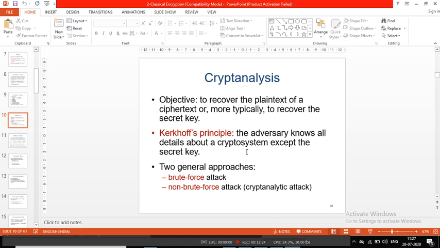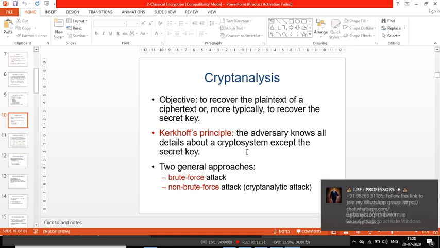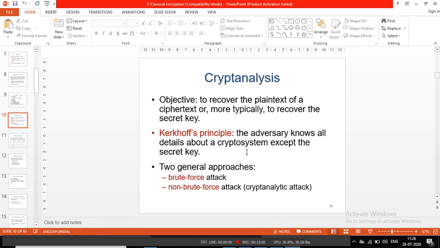Clear? So there are two general approaches: brute force attacks and non-brute force attacks. What is a brute force attack? We have already experienced it, but we didn't know it was called a brute force attack. If you want to find the password of your friend's mail ID, or the PIN number of your friend's mobile, you try all the possibilities: his birth date, his register number, his favorite actor, his favorite actress, his best friend.